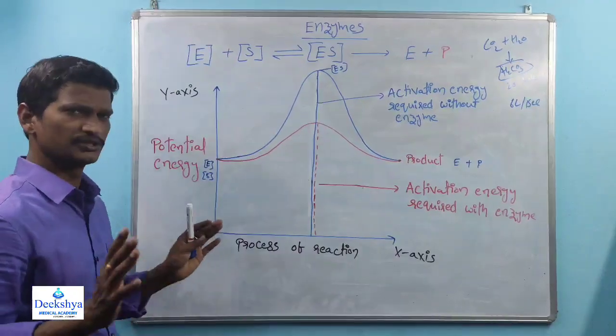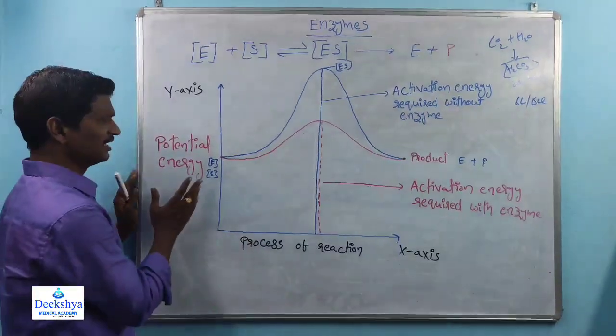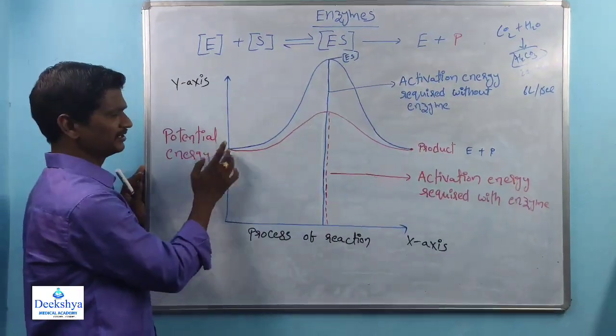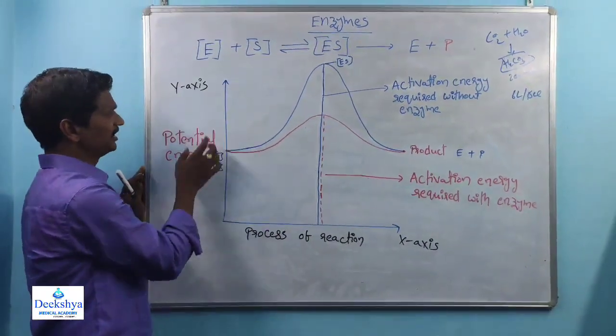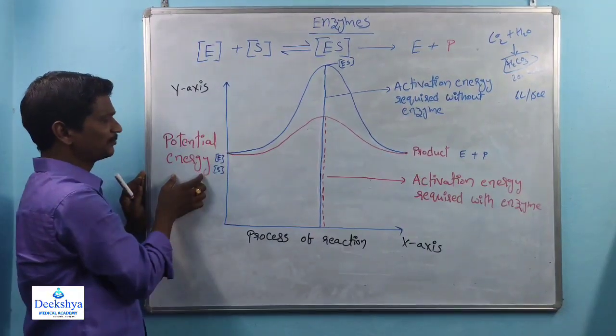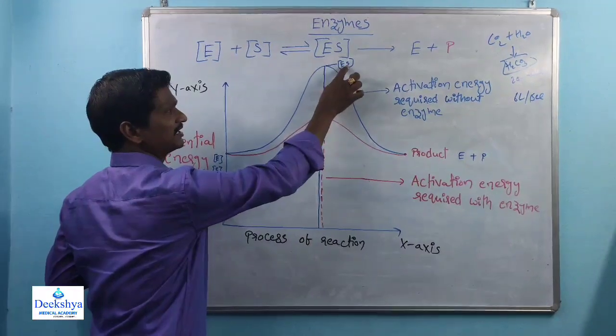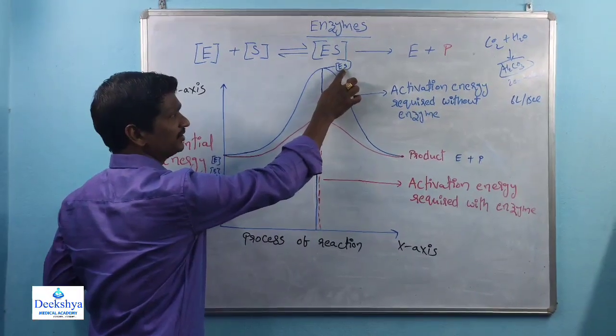So remember, students, there is an enzyme and a substrate. This is the free enzyme and free substrate, that is the first step. On the y-axis we have indicated potential energy. One of the transition states is nothing but the enzyme-substrate complex formation.